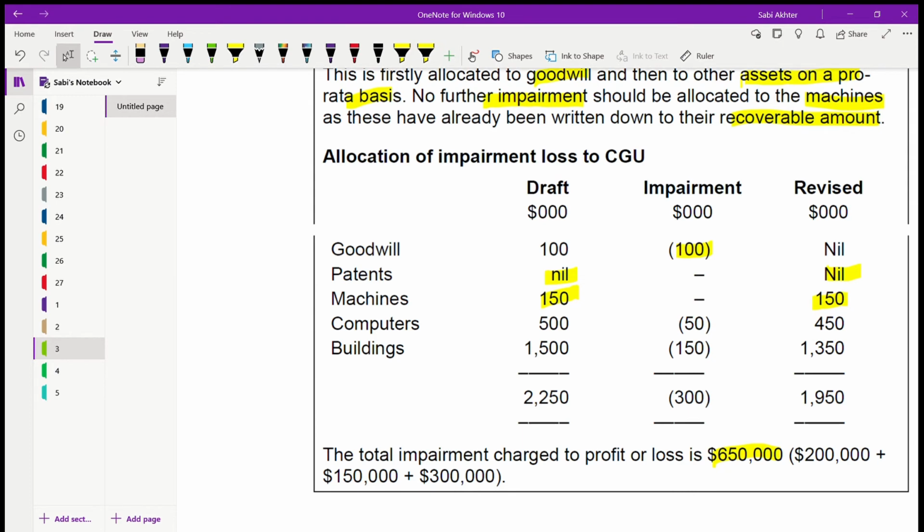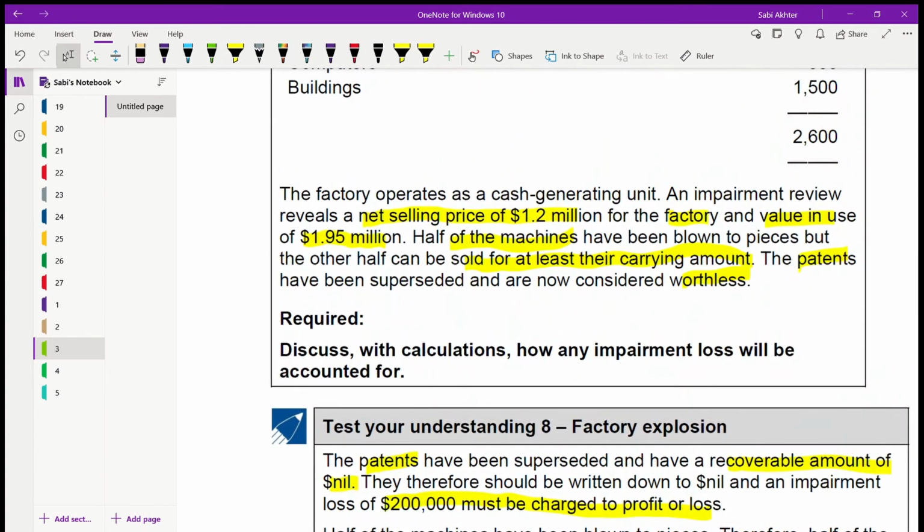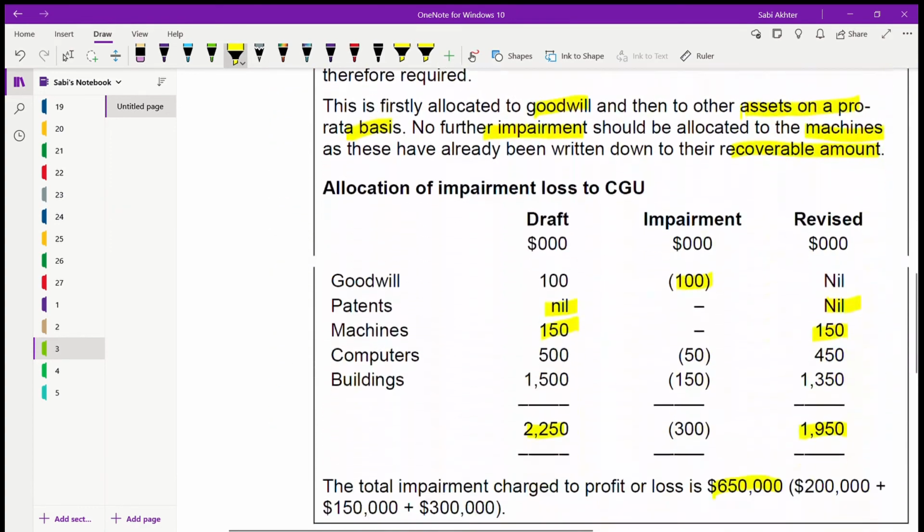So here, because this is the opening, okay, this is the revised 1,955, because it is the value in use, 1.95 million, that you have to take. That is the higher of this, higher than the fair value less cost to sell.